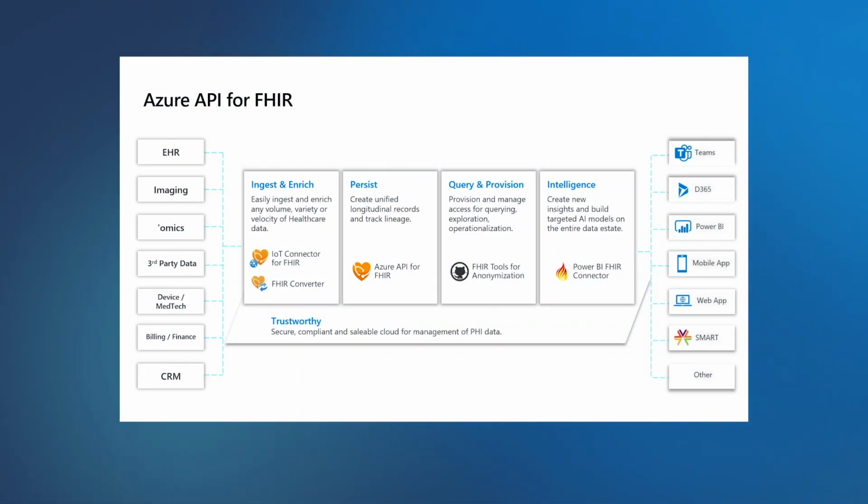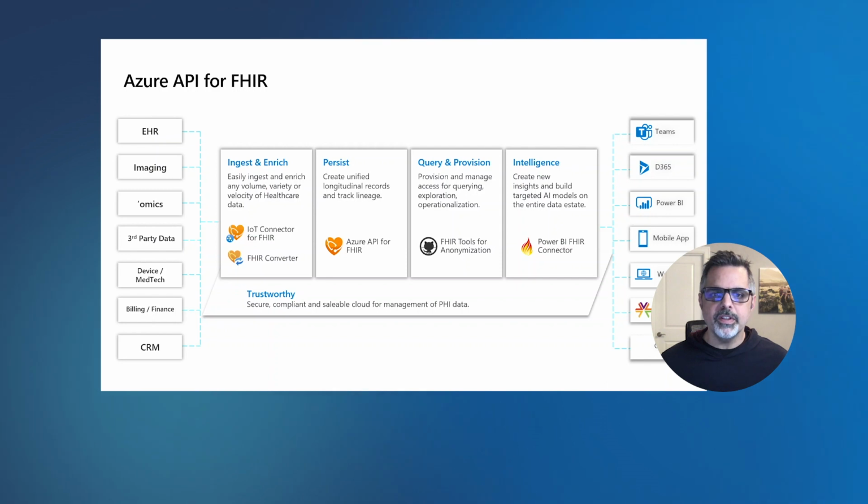In many environments, you have data coming from disparate systems like EHRs, connected devices, third-party data sets. And this could be in HL7v2 data formats, this could be in CDA documents, but in a lot of cases, it's not already in FHIR. We've enabled you to convert this legacy data, HL7v2 or CDA documents, into FHIR bundles using a tool called the FHIR Converter.